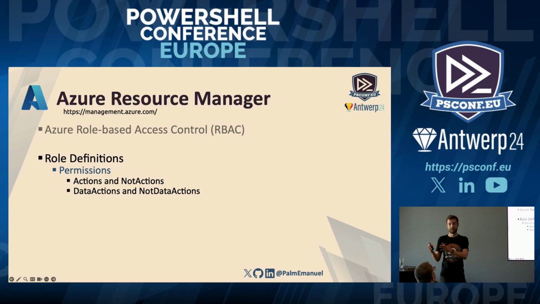So the data is in the data plane, which would be like the contents of a database, what's inside the key vault, those types of things. So we can still manage the key vault on the control plane, but we can't read the contents. For those actions, we have data actions or not data actions that also work the same. We can specify with wildcard and then exclude some, or specify as granularly as possible.